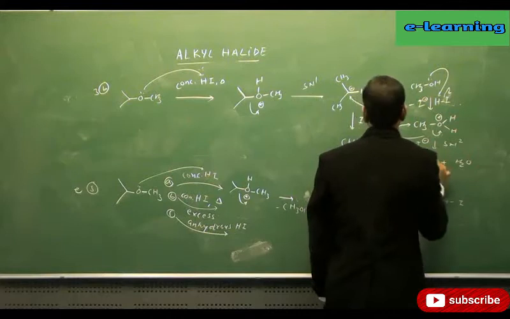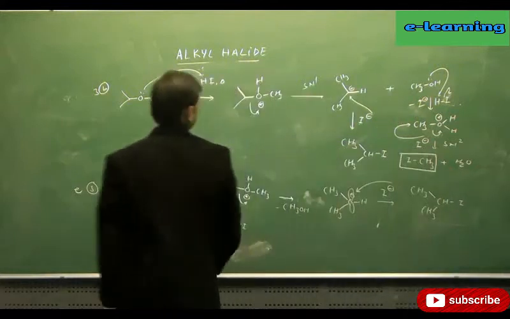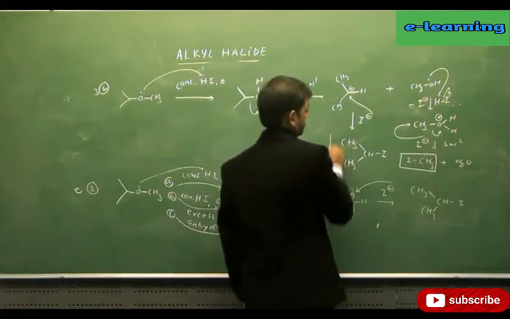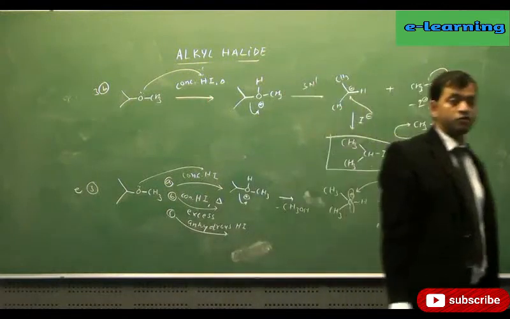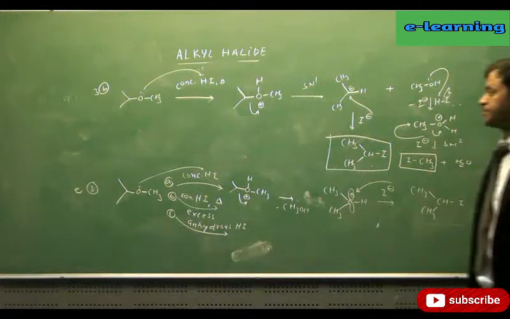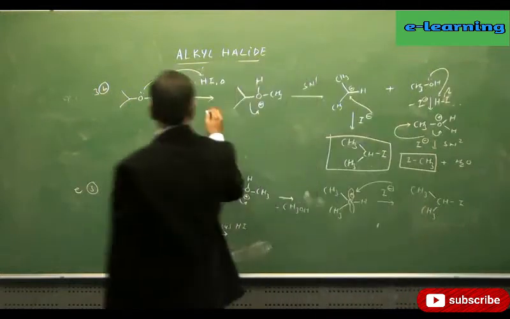So we are getting both as alcohol, iodide. This also we obtain as iodide, and both parts are converted into alkyl iodide if HI is in excess.